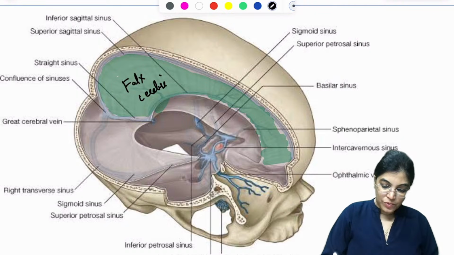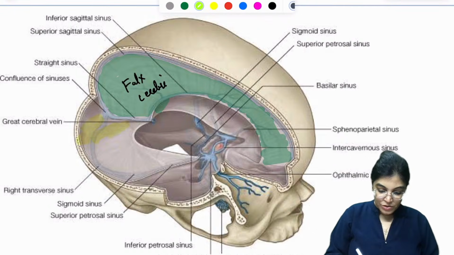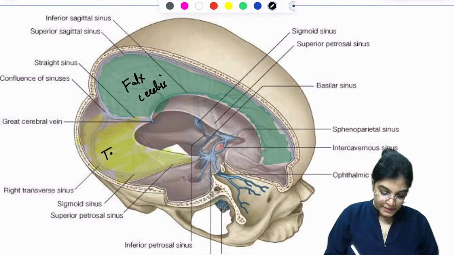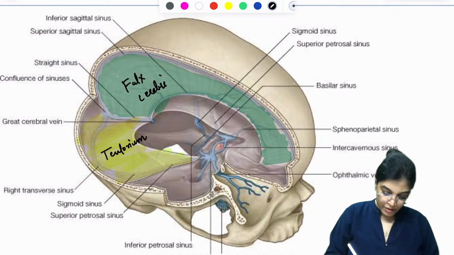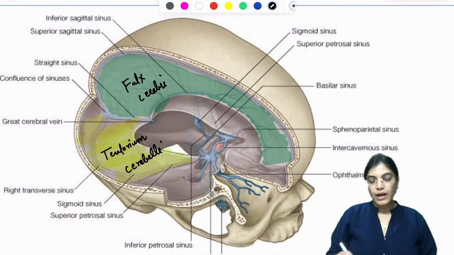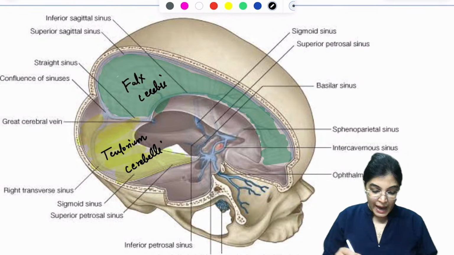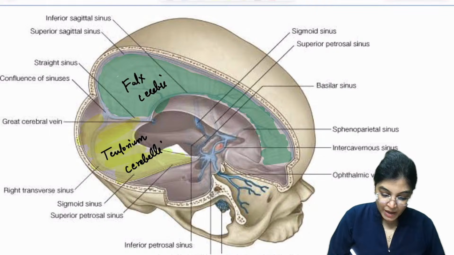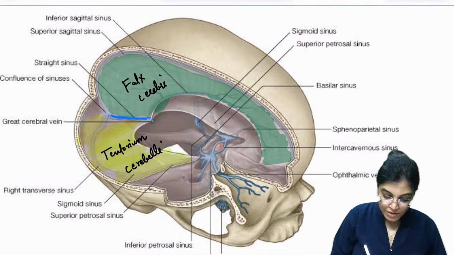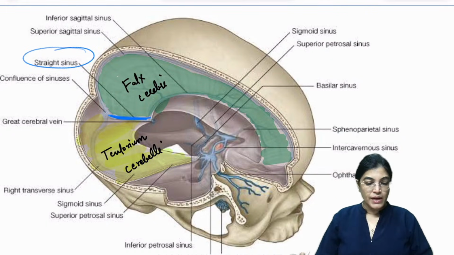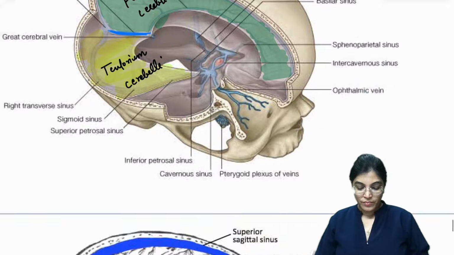And you can see the tent-like fold, which is the tentorium cerebelli, which is separating and protecting the cerebellum from the occipital lobes of the cerebral hemisphere. And at the junction of these two, I just want to mark, there is a sinus located. What is the name of this dural venous sinus? This is the straight sinus. So that was the question being asked, and the answer is straight sinus.